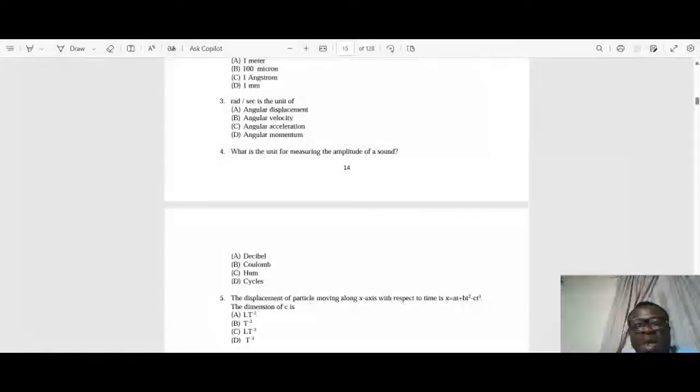We have the left hand side of the equation, which is displacement and is L. So the right hand side will also have a component of L. But the emphasis here is ct raised to power 3. That c stands for L all over t raised to power 3.